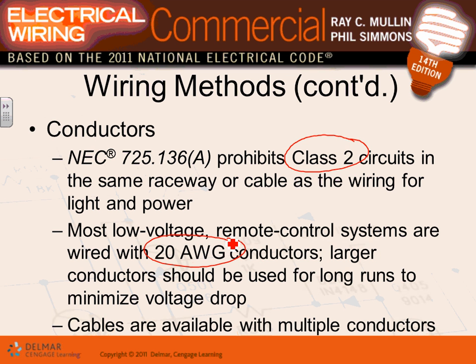So if I have a low voltage switch here and the relay is way 50, 60 feet away, or say 100 feet away, you might have to use number 14 for voltage drop. Because remember, you're carrying 24 volt. 24 volt cannot go far. But typically what they use, guys, is 16 gauge, 18 gauge, 20 gauge. These are the typical gauges they use.